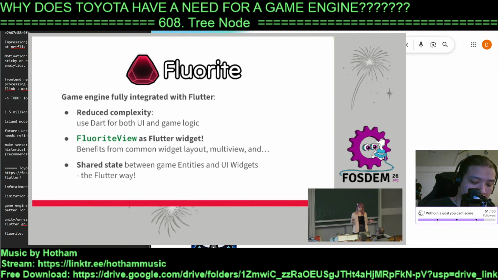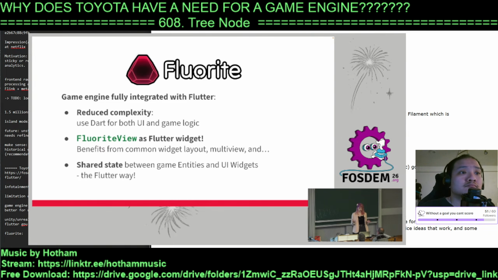Thanks to this, you can share code between UI and game logic. This is because Fluorite View is just another Flutter widget that you can integrate anywhere in your applications. This way it benefits from the Flutter layout system. You can place multiple of them at the same time for multi-view scenarios.